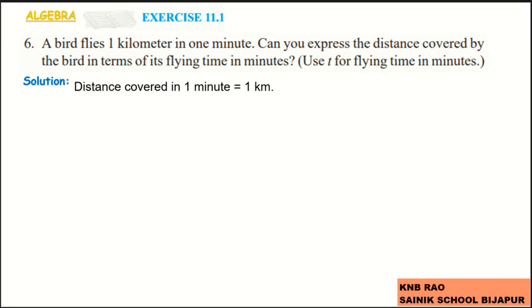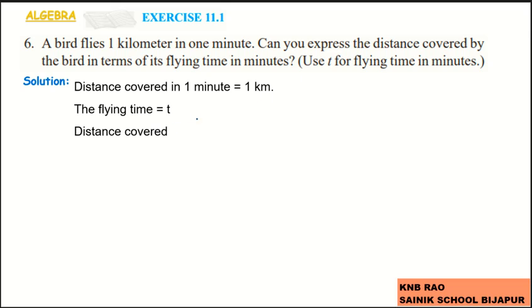Coming to the main question number 6, a bird flies 1 kilometer in 1 minute. Can you express the distance covered by the bird in terms of its flying time in minutes? Use T for the flying time in minutes. The distance covered by the bird in 1 minute is 1 kilometer. The flying time is T minutes.